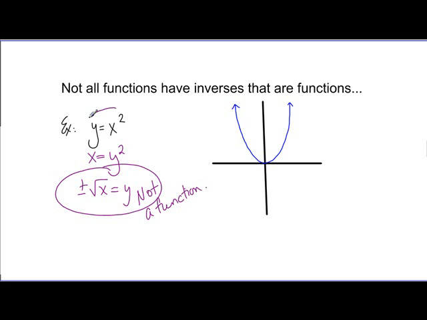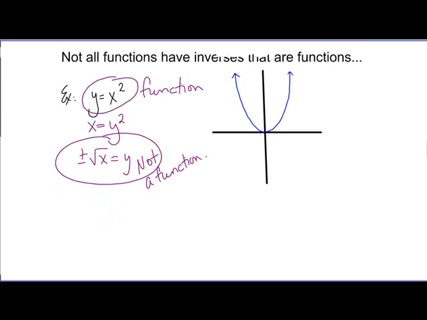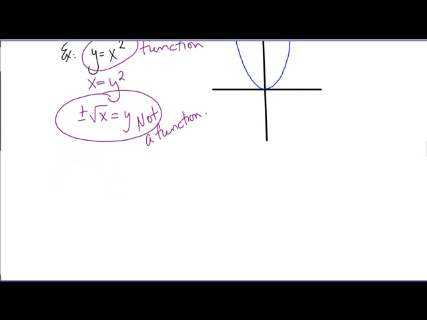Y equals x squared is a function, but it is a function that does not have an inverse function. Now, we can categorize the types of functions that are going to have inverses, and they are called one-to-one functions.